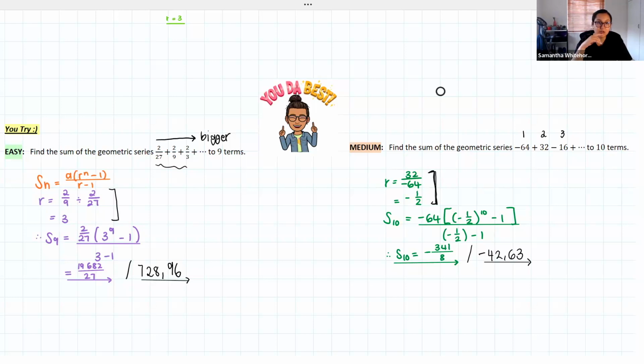Right, guys, and exactly as Kirsten said there, you can see that I've got a lot of brackets going on in my substitution. So for example, and particularly in this medium question, you need to remember that your base of R is -1/2. Remember to put in your brackets around what you substituted. This whole value of -1/2 is your R. So -1/2 should be to the power 10.